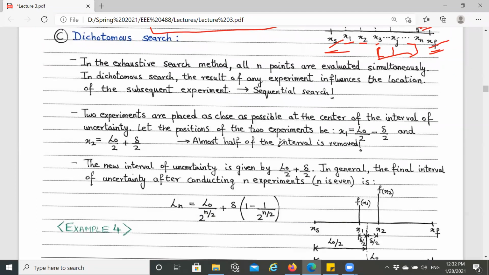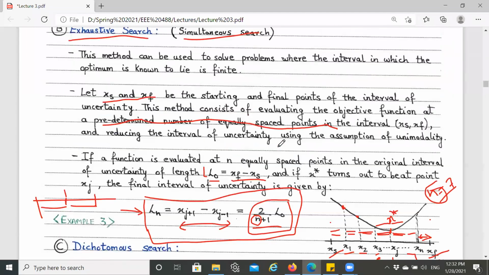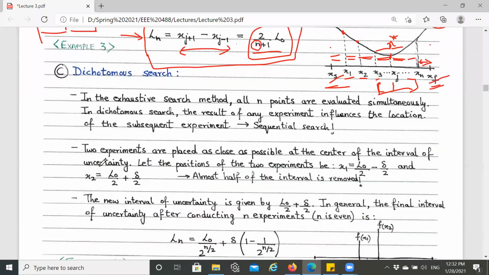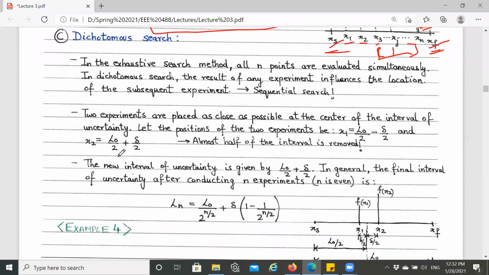Now we go to dichotomous search, which is a totally different search. It has nothing to do with exhaustive search. So we saw unrestricted, we saw exhaustive, and now we are looking at dichotomous search. I'll give you 1 minute to read this, and then I'll ask you whether you understood or not. If not, I'll explain.